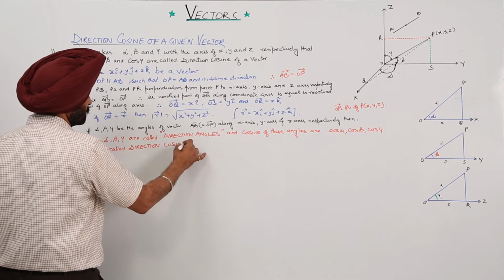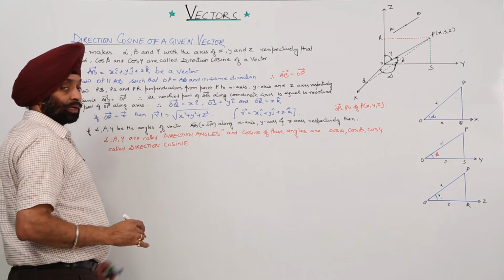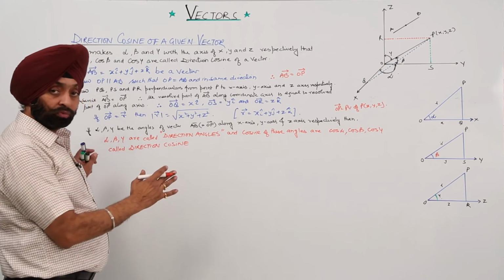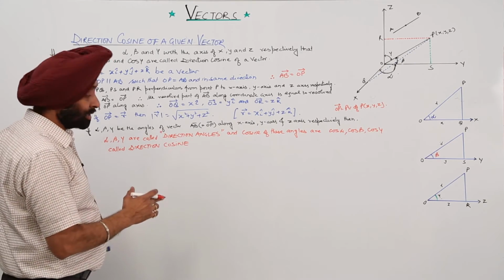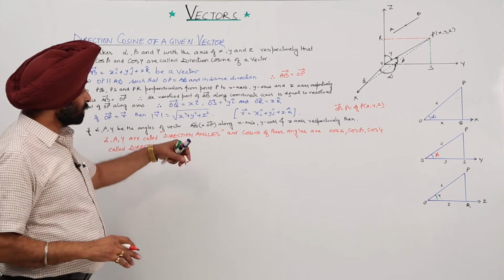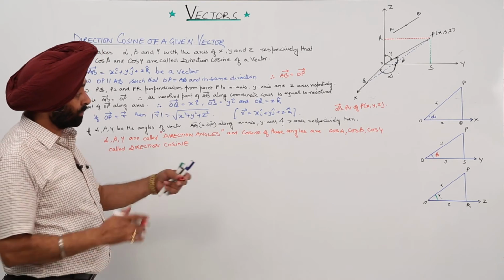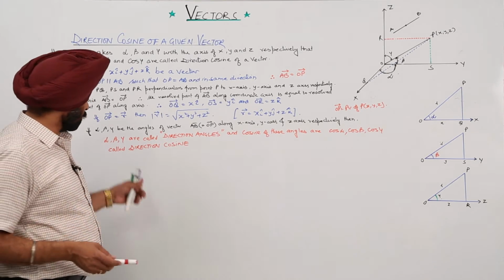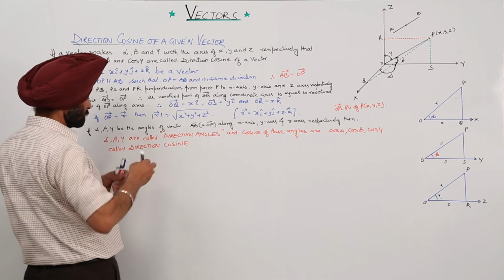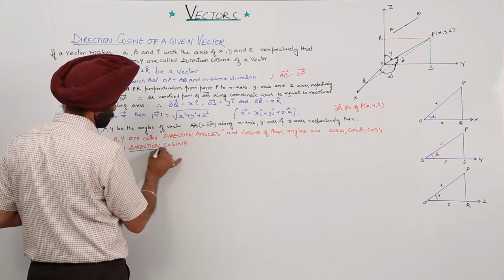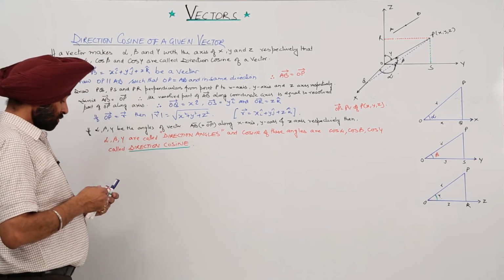So once again I have cleared the definition part. Alpha, beta and gamma are called the direction angles, and cosines of these angles, that is cos alpha, cos beta and cos gamma, these are called direction cosines.